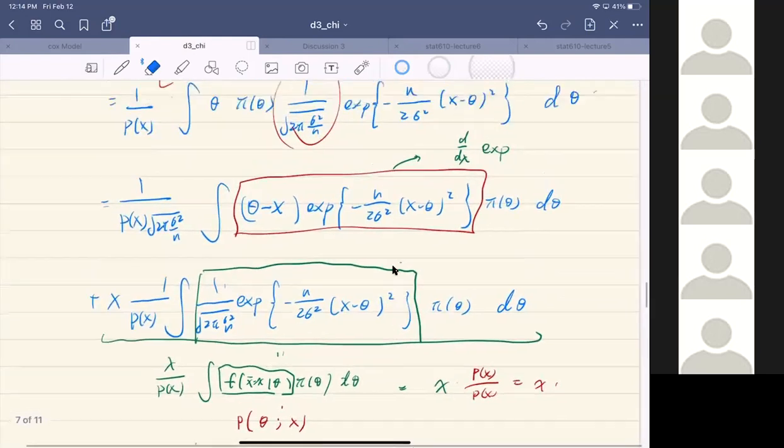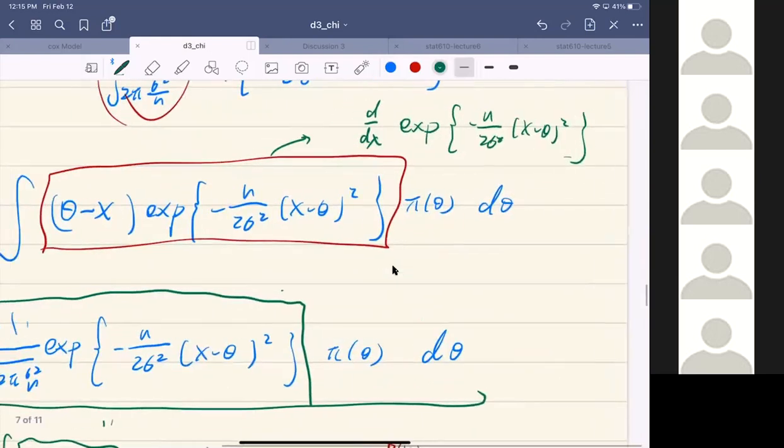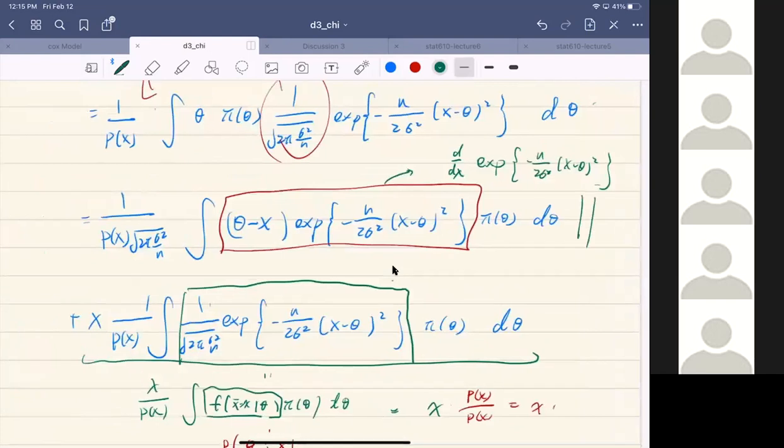And the last step is we figure out this term has a relationship with the derivative of this. The derivative of this exponential will be equal to the same exponential term, but here we have x minus theta and theta square, negative n.